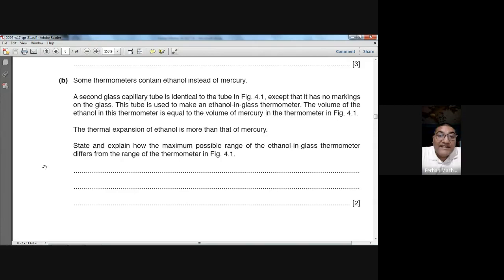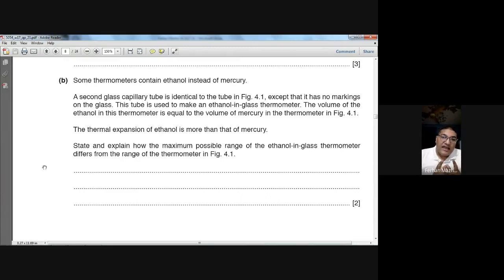But the ethanol expands more as compared to the mercury if they are given the same rise of temperature. So his question is how the range of the second thermometer will be different from the first one. Because the ethanol expands more for the same rise of temperature as compared to the mercury, what will happen?